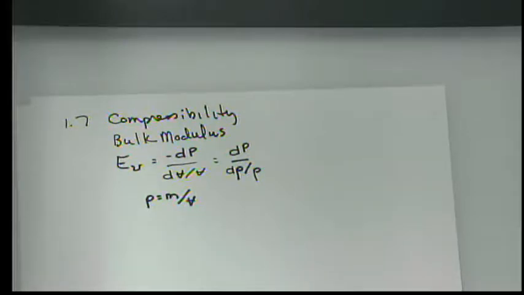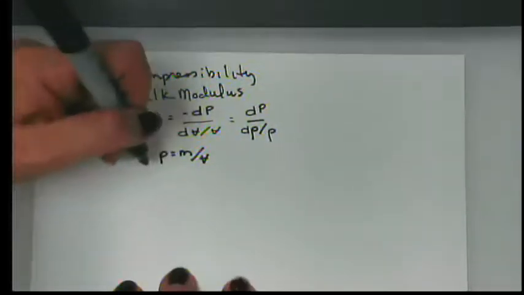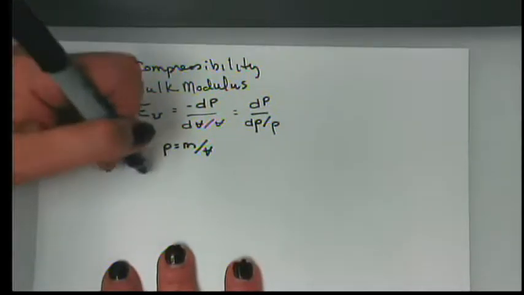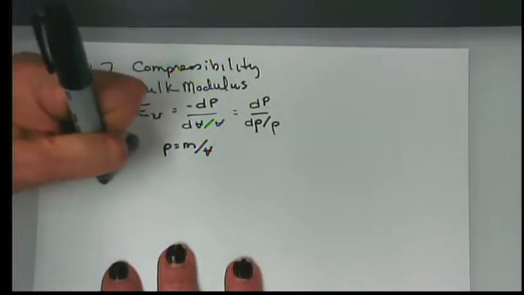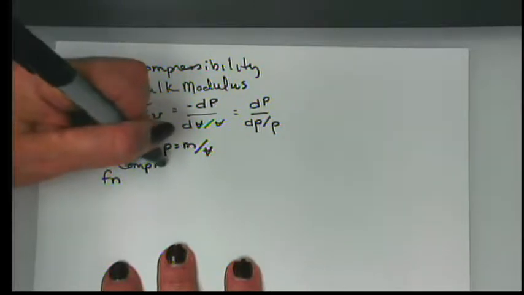So these are just two mathematical expressions for how the volume of a substance changes in response to a change in pressure. A lot of the compression and expansion ideas that we come up with are functions. Compressibility is a function of the fluid itself.